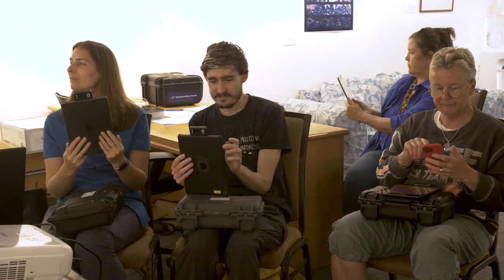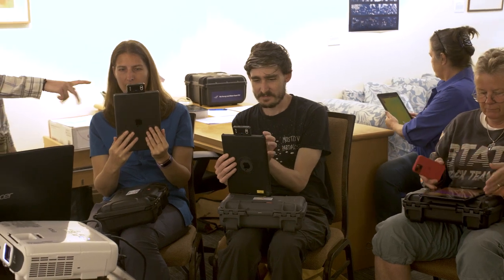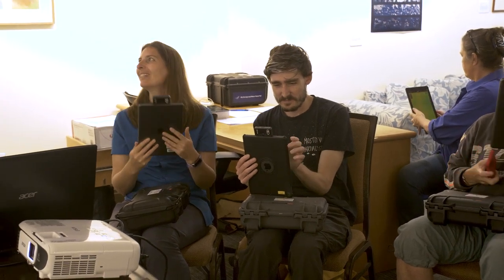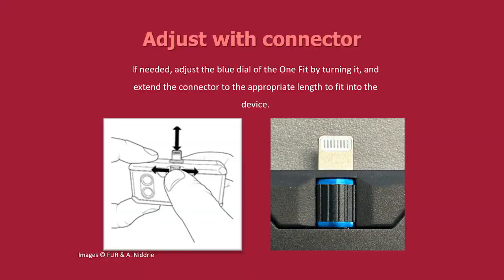What you can see now is simply that you have two images blended, which I will tell you about later. So this is not an issue right now, but in the future, if you take the camera from the library or from here, and you find there's a gap between your camera and the iPad, there is a small dial or knob that you can rotate left and right, and it extends or shortens that connector.